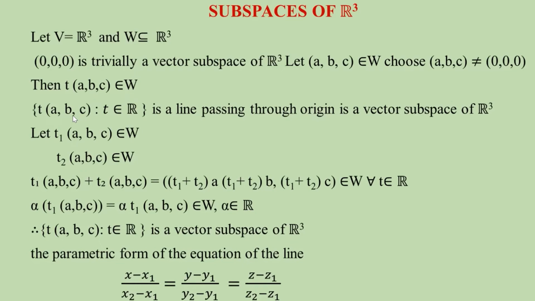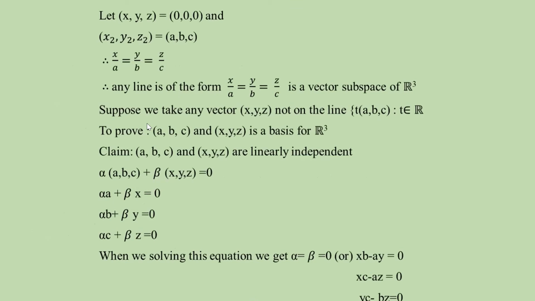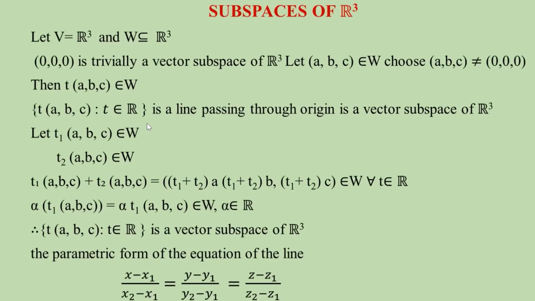Now we claim that this line passing through the origin is a vector subspace of R3. First we have to prove it. We take two elements in this set: T1 times (a, b, c) and T2 times (a, b, c) in this line.